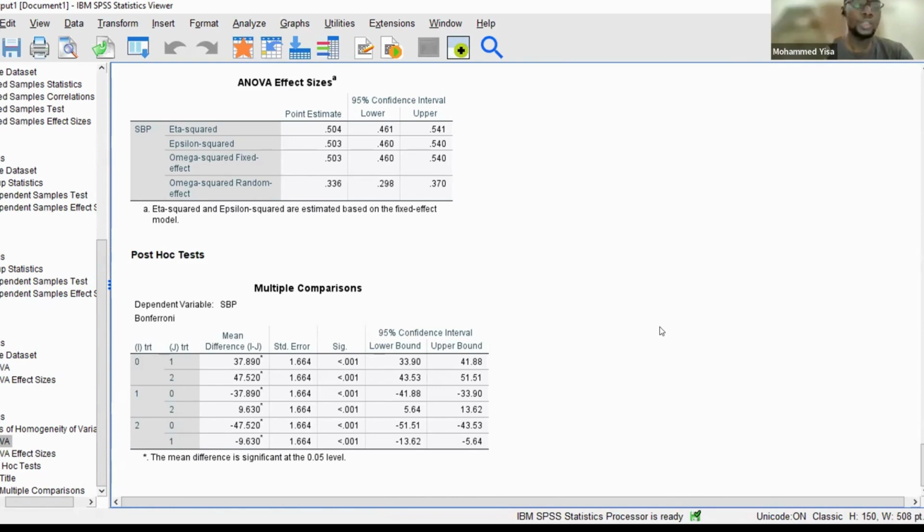The difference you are finding might not be statistically significant, but clinically, in practice, that difference is good enough for you to switch practices or to switch to the new intervention.